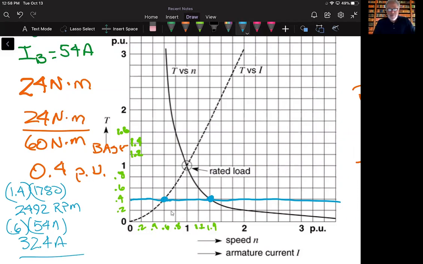Okay, so really neat applications for this DC series motor, looking at things at different points. And you might say, what's the usefulness of this? The usefulness is that it allows us to explore conditions for different applications that we might place this DC motor in.